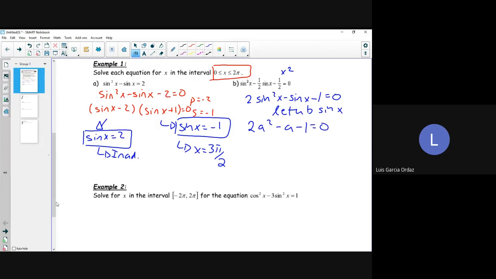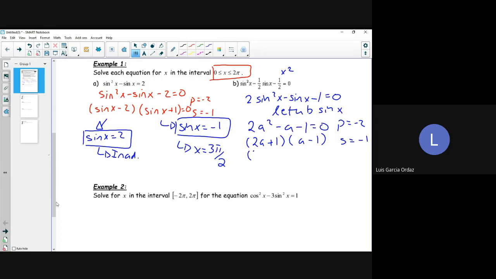Again, our product is -2 and our sum is -1, so those two numbers are -2 and +1. When we factor, we're left with (2a plus 1)(a minus 1). Now all we have to do is sub in sine x for a.